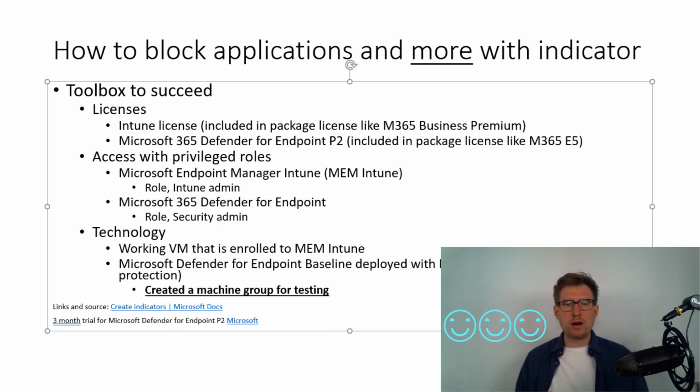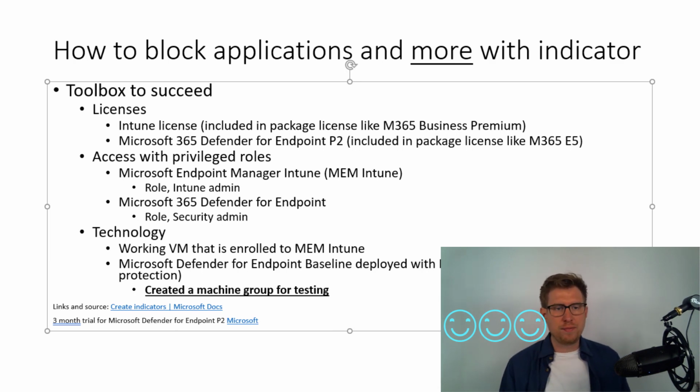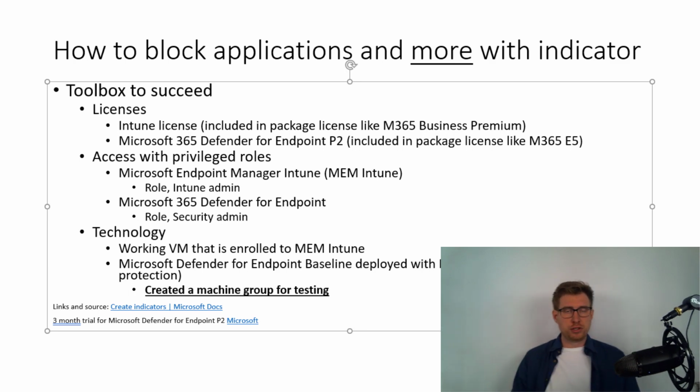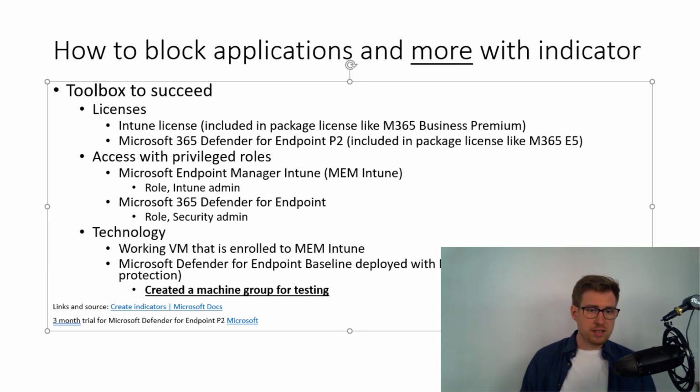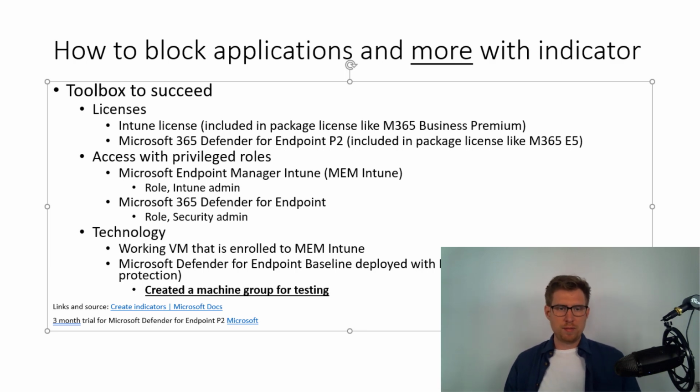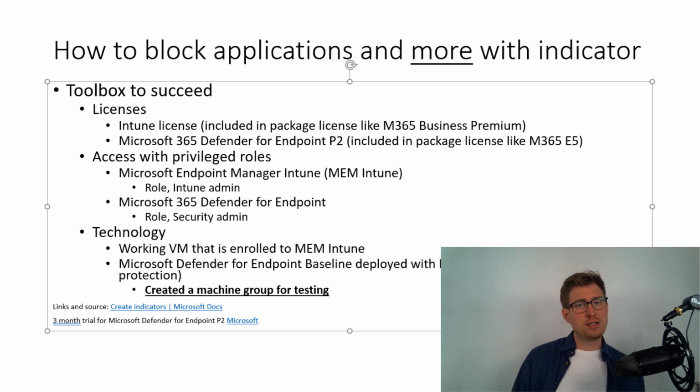So how to block applications and more with an indicator. In our toolbox to succeed, we're going to need licenses, access with privileged roles, and some technology. For licenses, we will need an Intune license, which is also included in multiple package licenses like M365 E3.